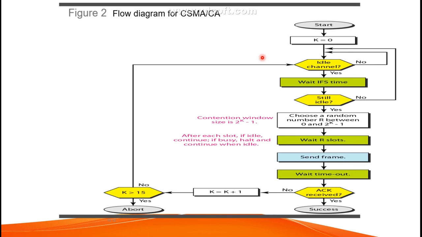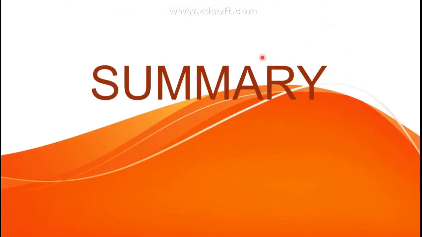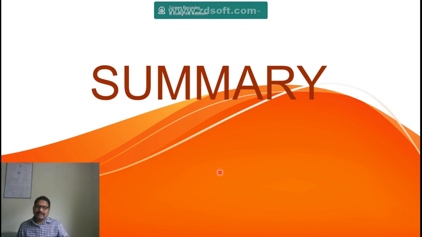And if simply CSMA is asked, you can explain the persistent methods. So that's all about today's lecture, students. As I already told, a few of the techniques, that is ALOHA and CSMA, we discussed in the previous lecture, and the remaining two techniques we have studied in this lecture.